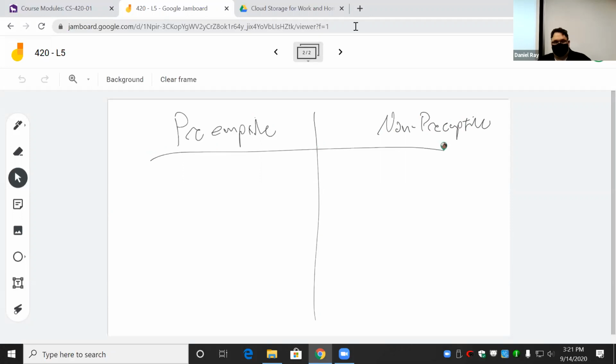Scheduling algorithms fall into those 2 categories, right? Non-preemptive scheduling is where you don't interrupt a running program, period. Okay? You don't interrupt a running program.